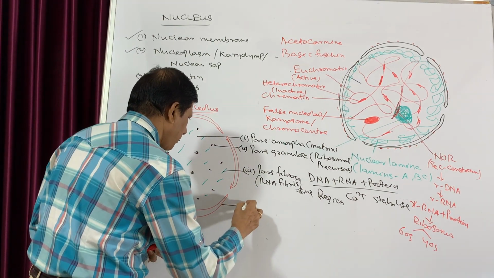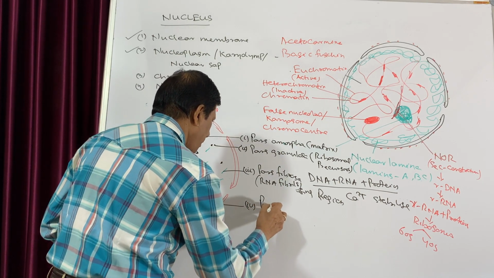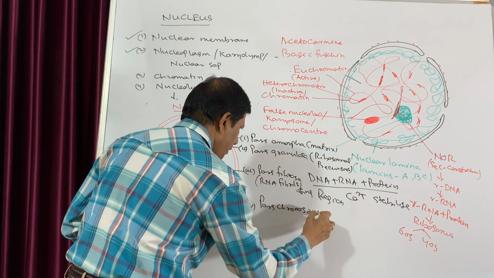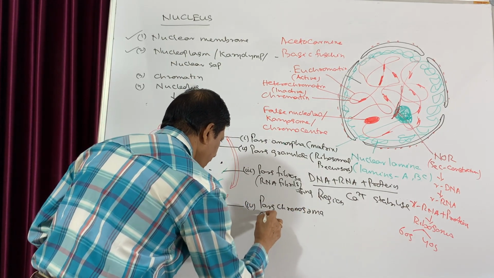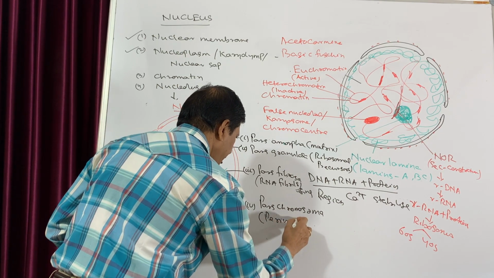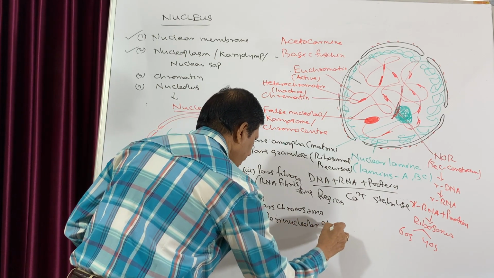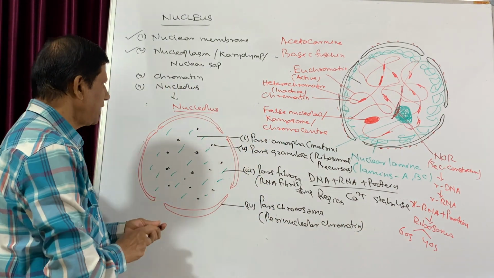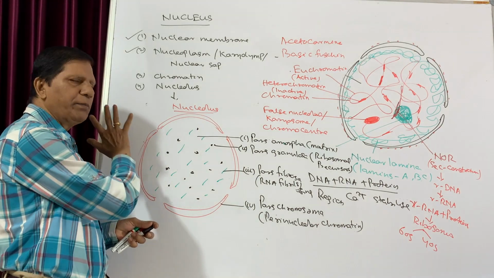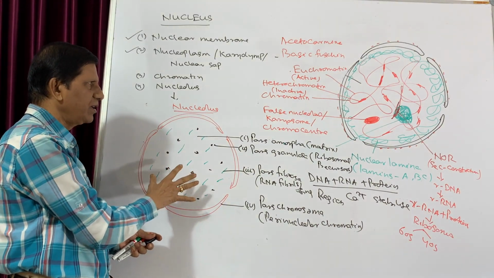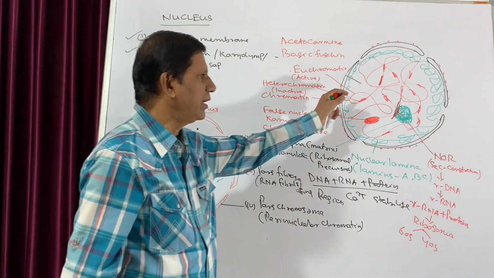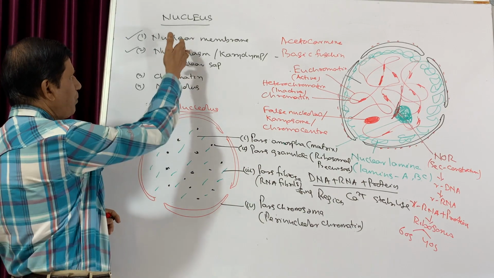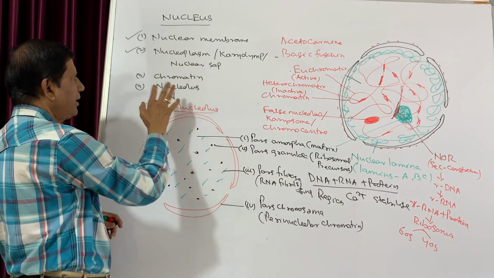This is number 4, pars chromosoma, also known as perinucleolar chromatin. So this is the ultrastructure of the nucleolus. It is completely membraneless but darkly stained, so that we can distinguish it from the nucleoplasm. So this is the structure of the nucleus, where there are 4 parts: nuclear membrane, nucleoplasm, chromatin, and nucleolus.